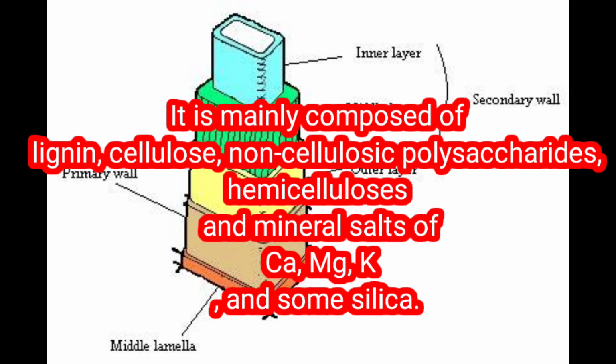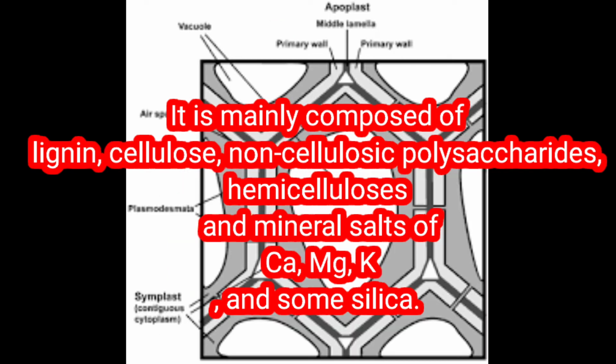In collenchyma and sclerenchyma, the main difference of the secondary cell wall is that the secondary cell wall of collenchyma does not possess lignin. Lignin is a heteropolysaccharide which contains alcohol groups in it.